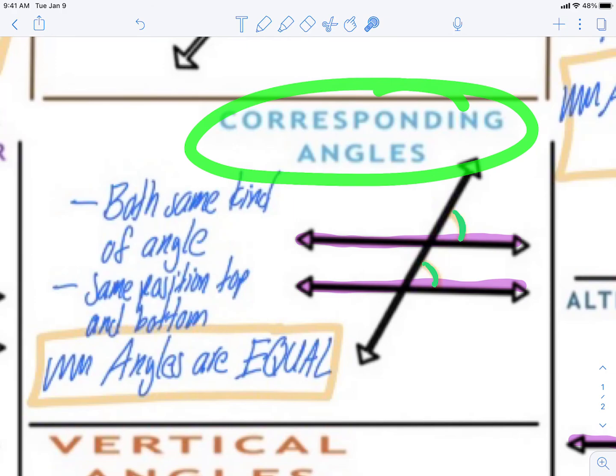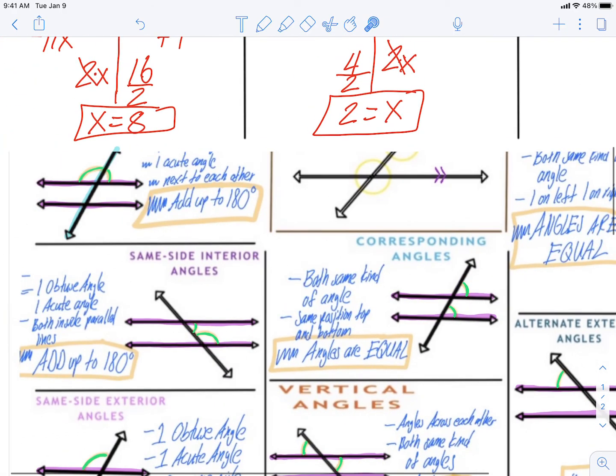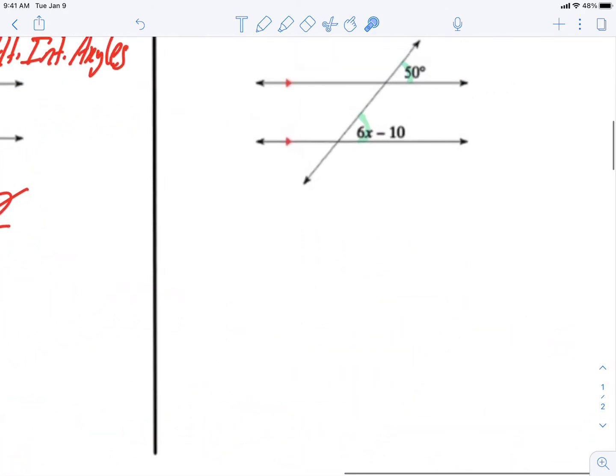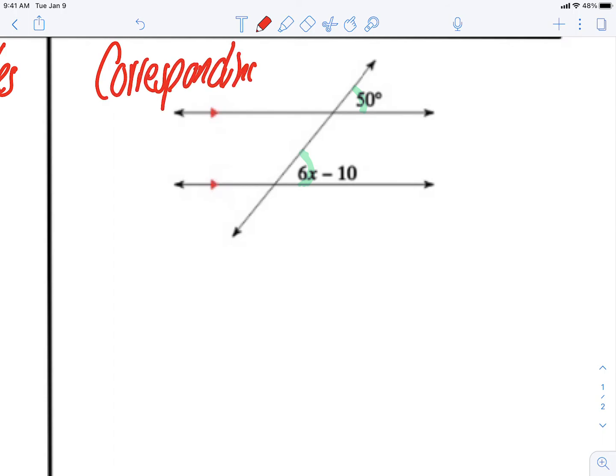One inside, one outside the parallel lines, and both on the same side of the transversal, and these are called corresponding angles, and the angles are equal to each other, right? So they are called corresponding angles. Look at that.